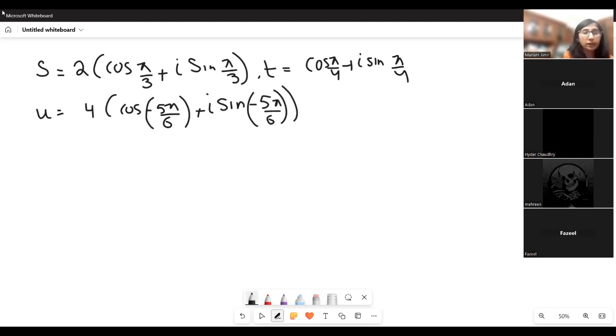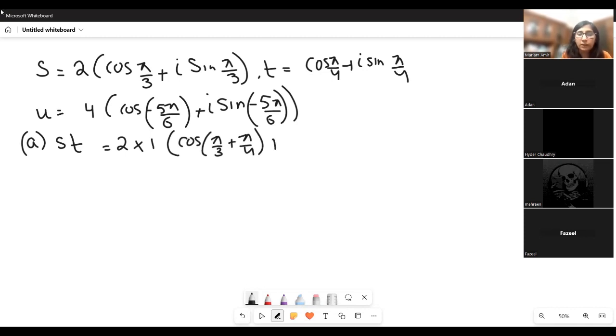Now the question is part A, find ST. So we apply that theorem where you have to multiply the r's of S and T. So that's going to be 2 times 1. And inside, you have to add their thetas. So we have cos (pi by 3 plus pi by 4) plus iota sine (pi by 3 plus pi by 4).